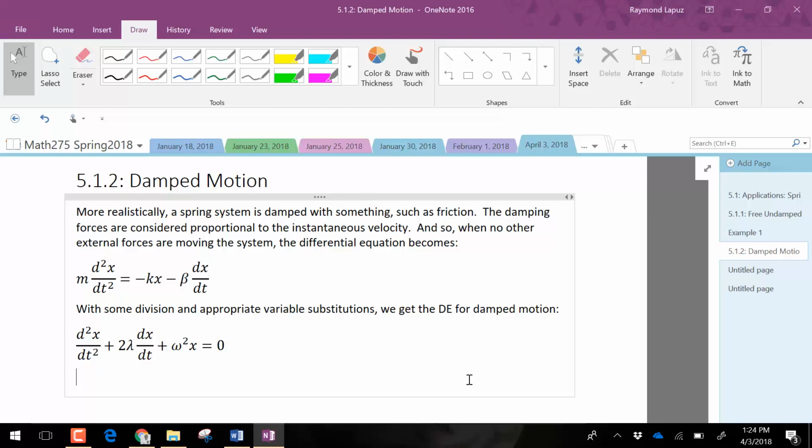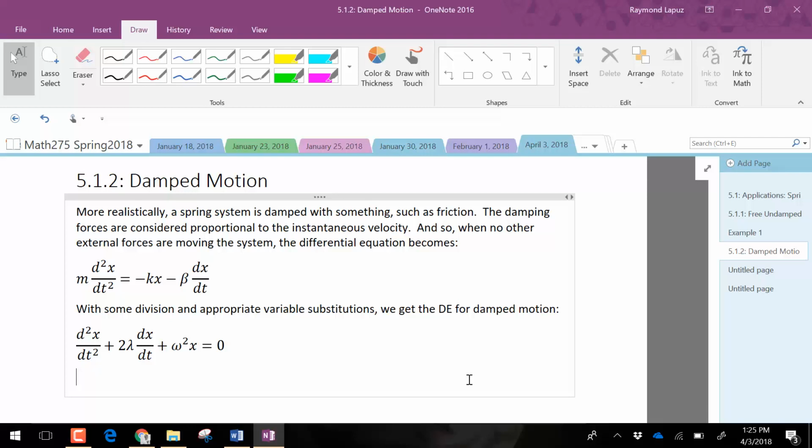include your differential equation now. Initially we had a second derivative and a position according to Hooke's law and Newton's law. But now we're going to throw in a term with the first derivative. So the damping force is proportional to the instantaneous velocity, so that's dx/dt or x prime.